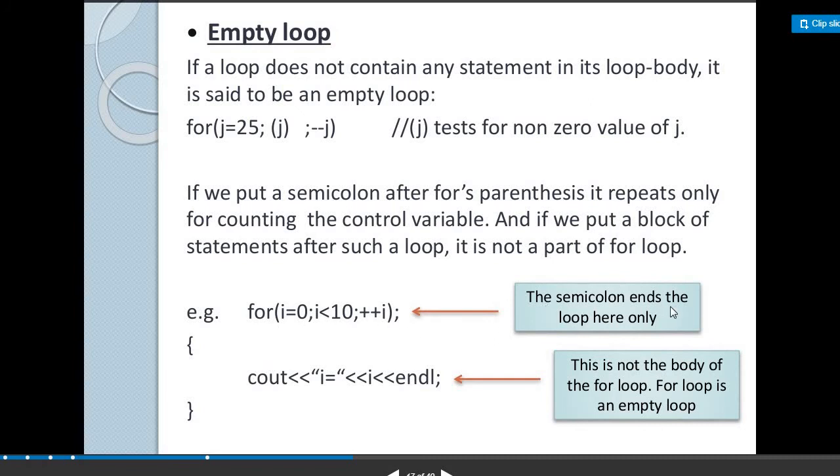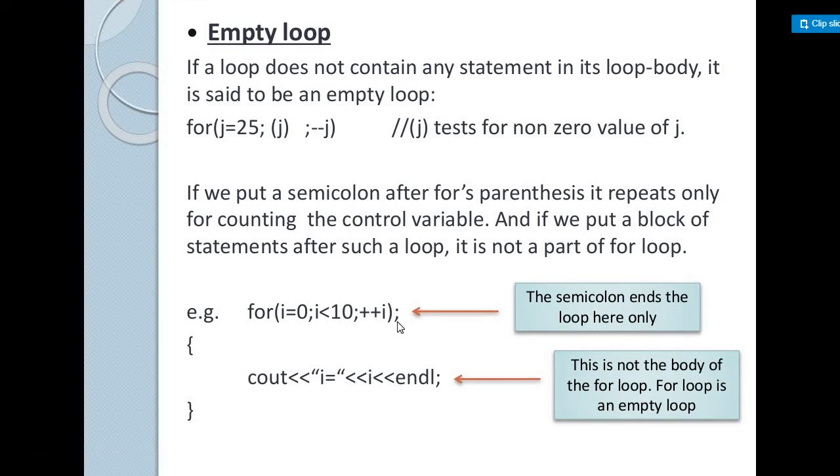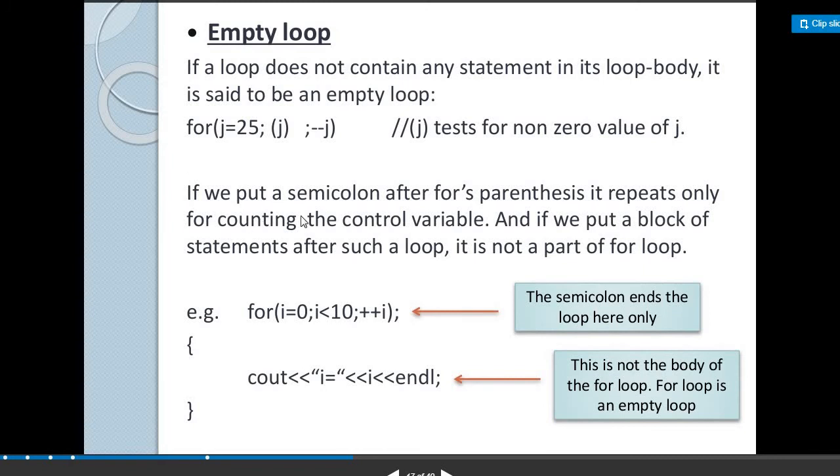Initially this is another loop: for i equal to 0, i less than n, i plus plus. Here if we put a semicolon, then what happens? If we put a semicolon after the for statement, it repeats only for counting the control variable.